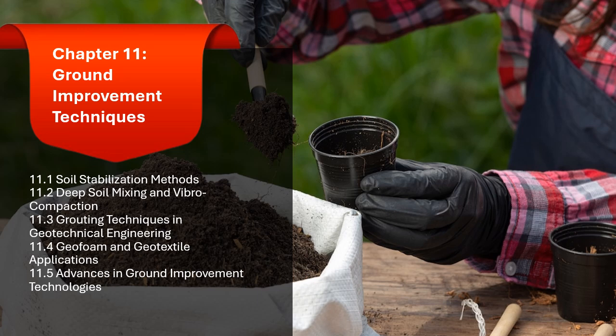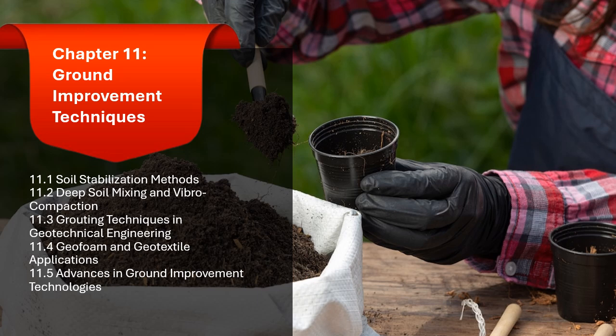1. Cement stabilization. Cement is mixed with the soil to improve its strength, reduce plasticity, and lower its permeability. The process involves adding a specified amount of cement and mixing it with the soil, followed by compaction.